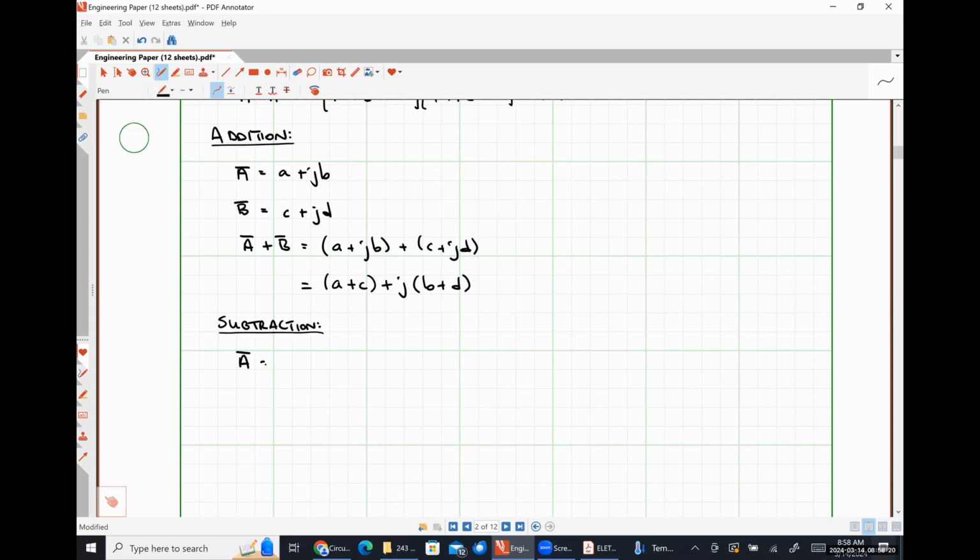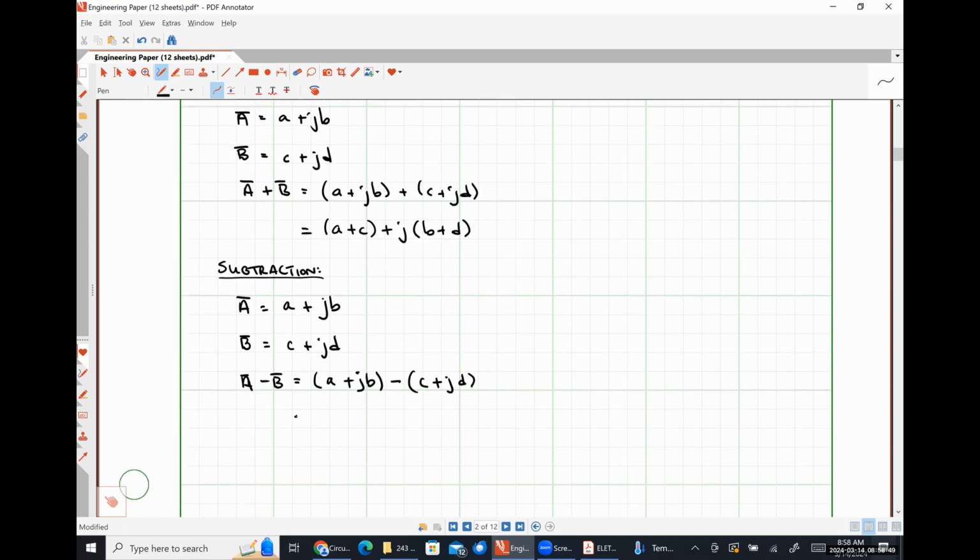So using those same complex numbers of A is equal to lowercase a plus jb, and B is equal to lowercase c plus jd, complex number A minus complex number B is going to look like a plus jb minus c plus jd, and I'm going to do effectively the exact same thing.